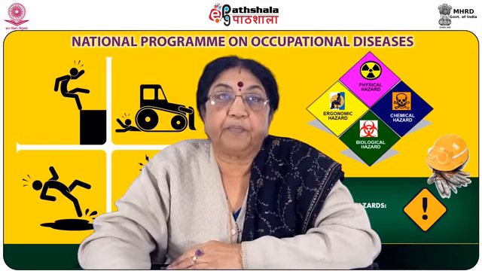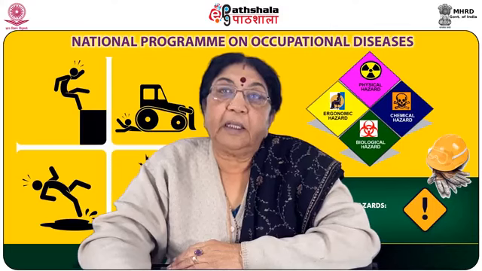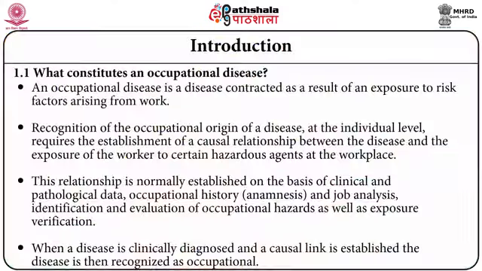Recognition of the occupational origin of the disease at the individual level requires the establishment of a causal relationship between the disease and the exposure of the worker to certain hazardous agents at the workplace.